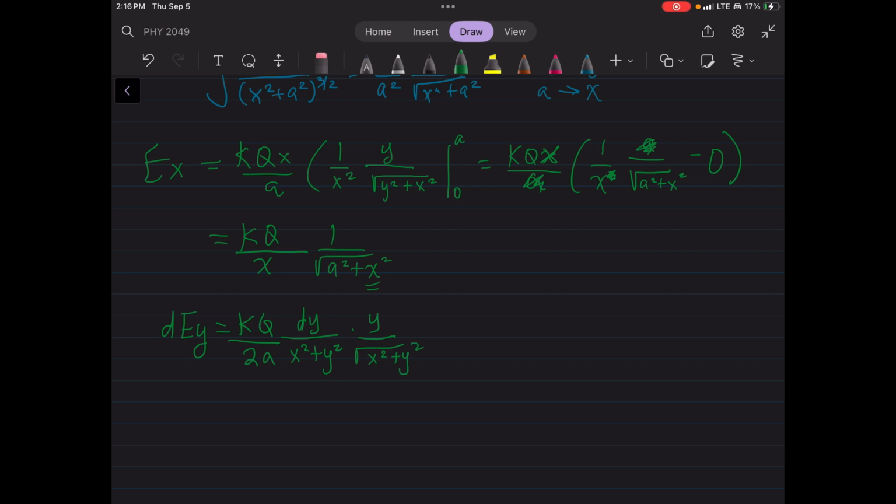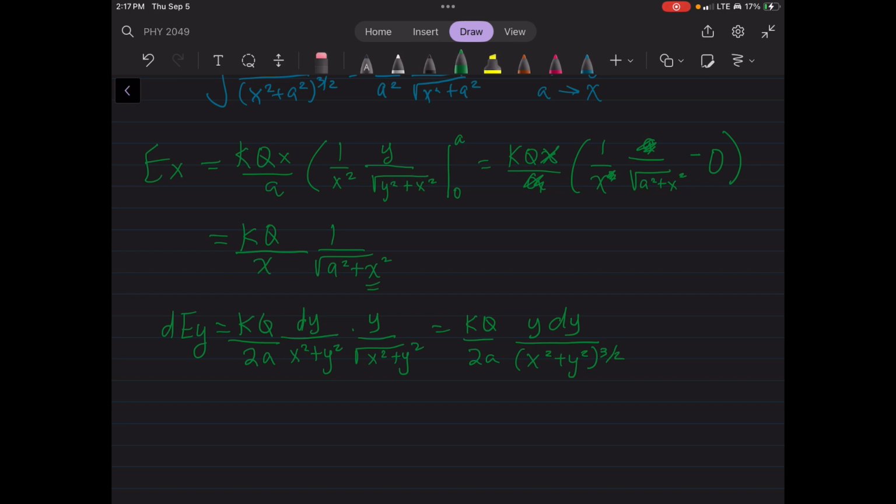So now when I rearrange this and move all of my constants to one side, I will end up with y dy over x squared plus y squared to the 3/2. Okay, so now we can integrate both sides.